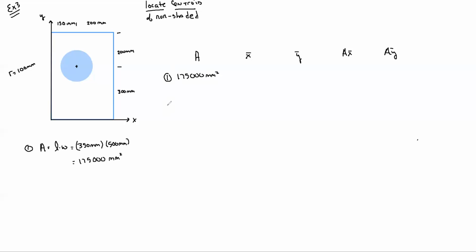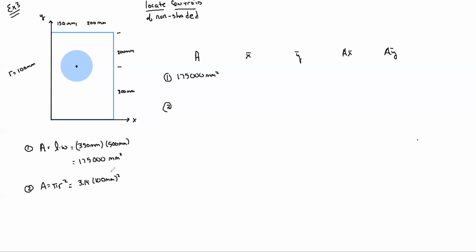Shape 2 is the circle. The area of a circle is pi times the radius squared. We'll use 3.14, and the radius is given as 100 millimeters.